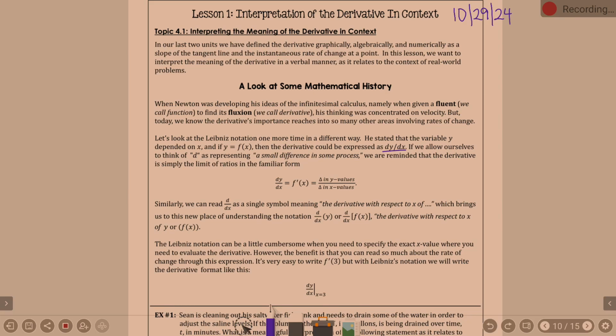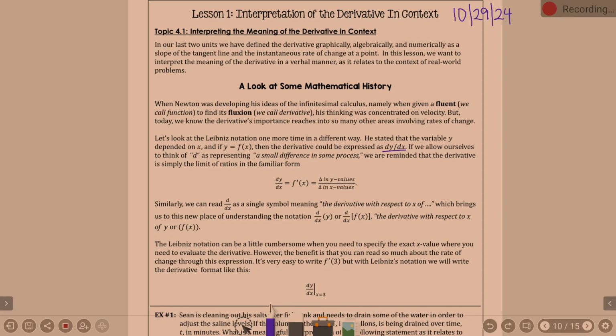So dy dx relates to change in y over change in x. It's also f prime of x, or right here, that little triangle is delta, meaning the change in y values over change in x values.